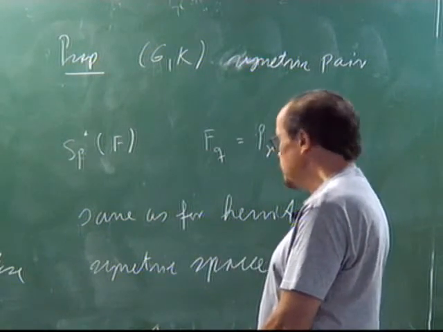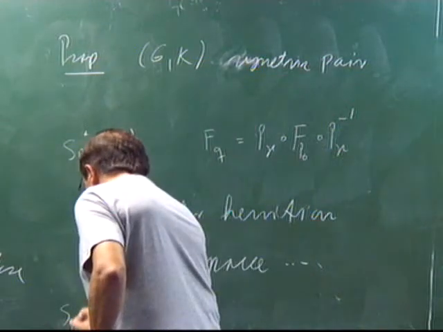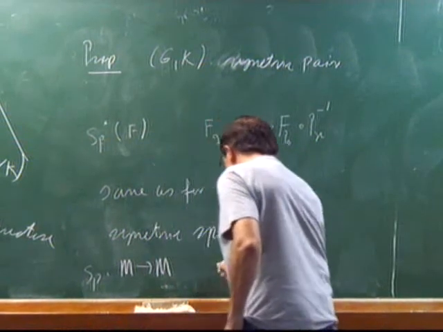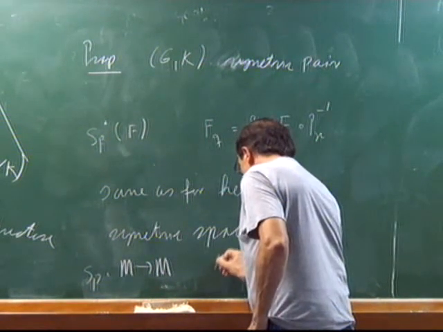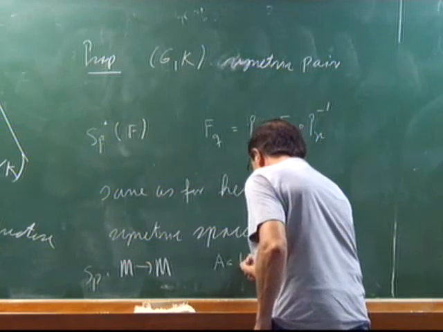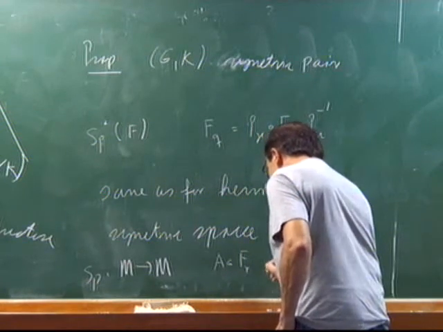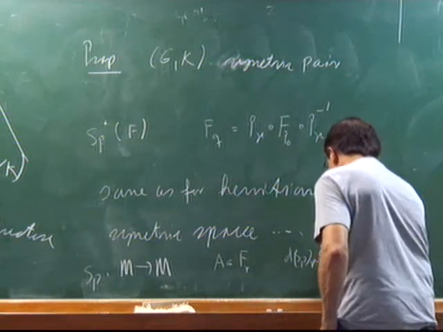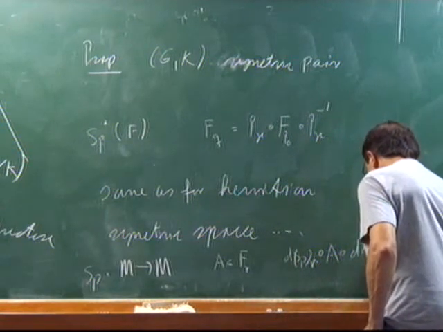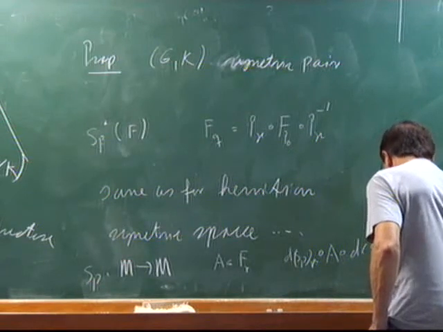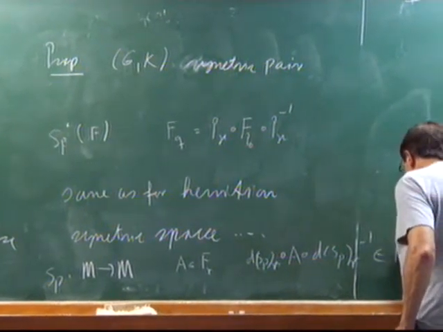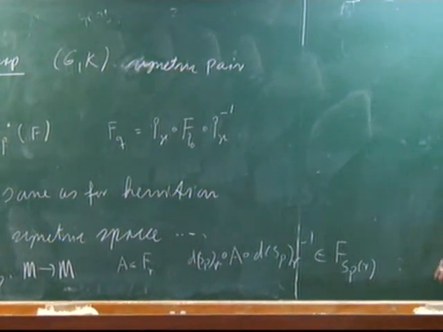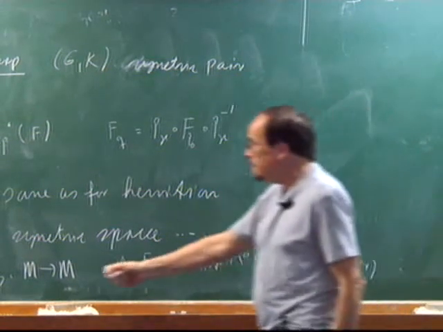The symmetry is a reflection, but of course here S_p goes from M to M. And what does it mean if I take A as an endomorphism at some point R? Then dS_p at the point R, so you have to do it at every point, lies in F at the point S_p of R. At the point p, it's clear because at the point p it is minus identity.